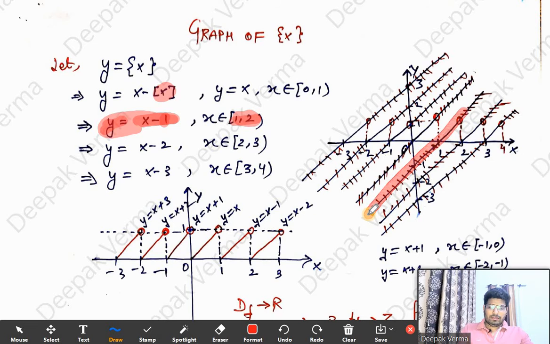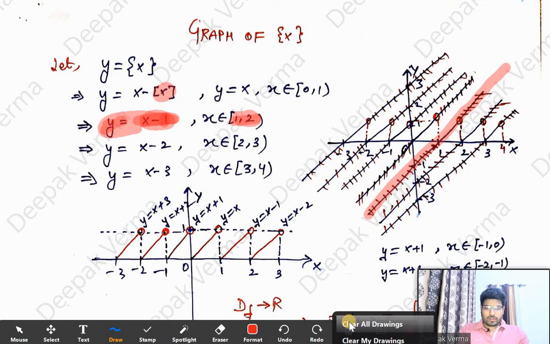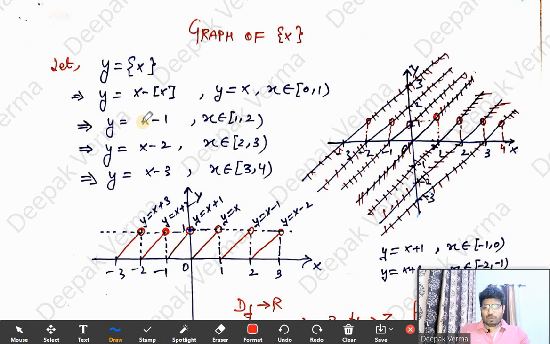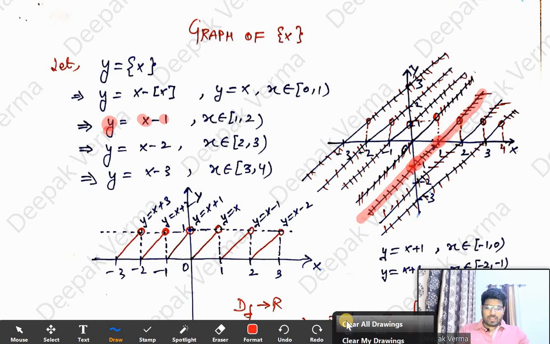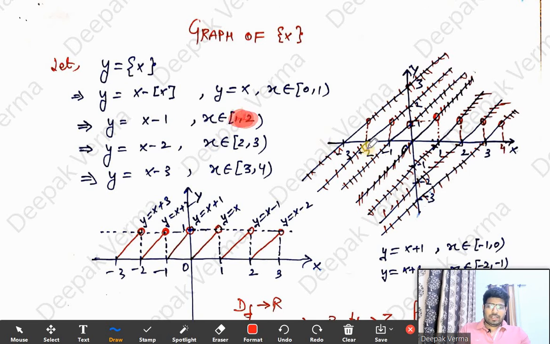I hope you know how to trace the line y equals x minus 1. If you put x equals 0, we get y equals minus 1. Minus 1 is here. If you put y equals 0, we get x equals 1. That is this point. Now if we join these two points, we will get this line. Got it? But we want the portion only between 1 and 2.